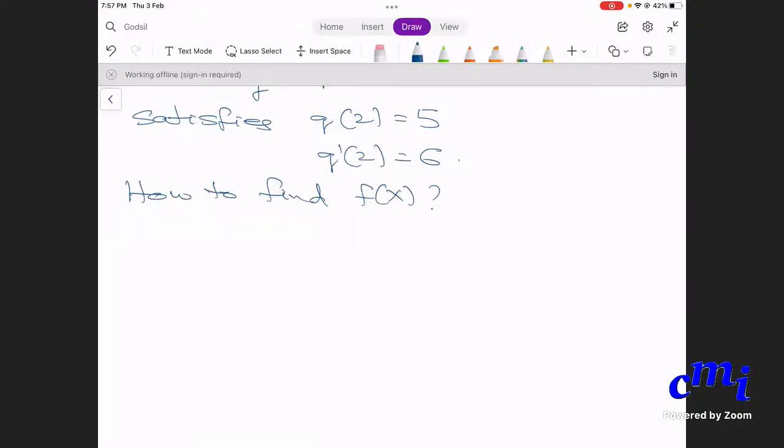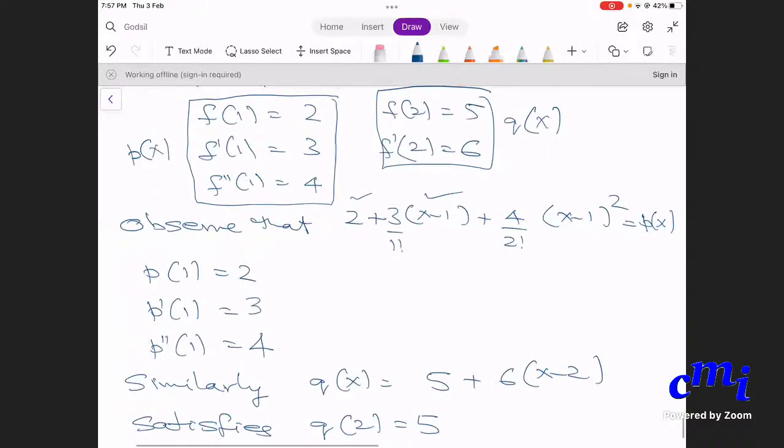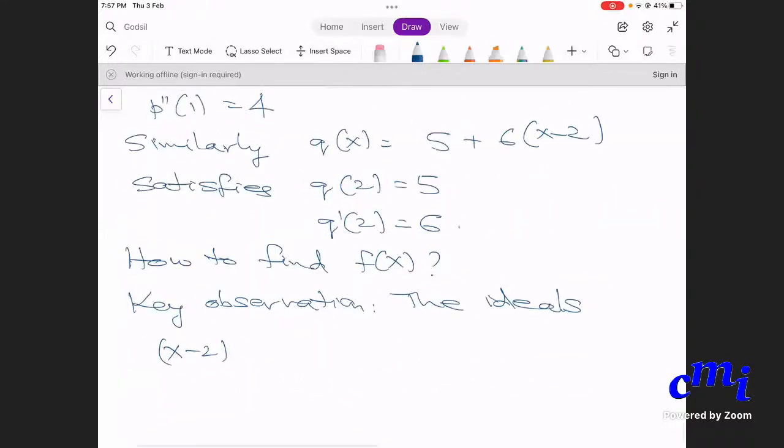So the key observation is the following. The ideal generated by x minus 1 cube and the ideal generated by x minus 2 square are co-maximal.